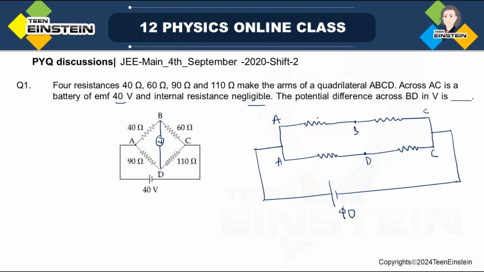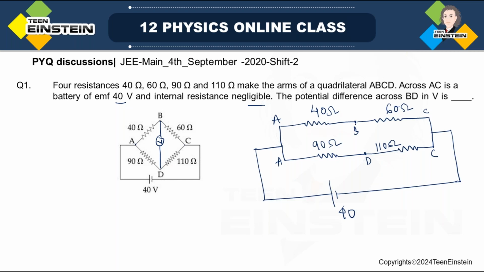So this is your 40 ohm, this is 60 ohm, this is 90 ohm, and this is 110 ohm here.